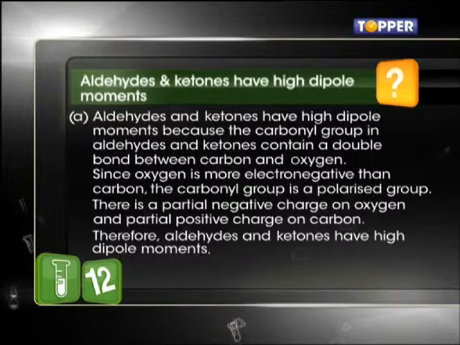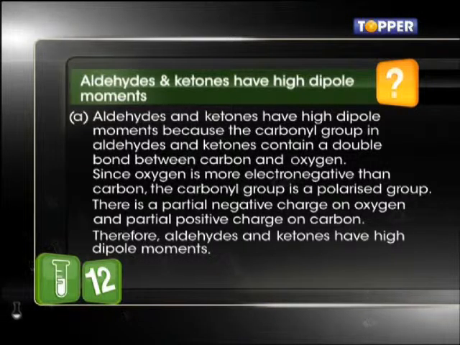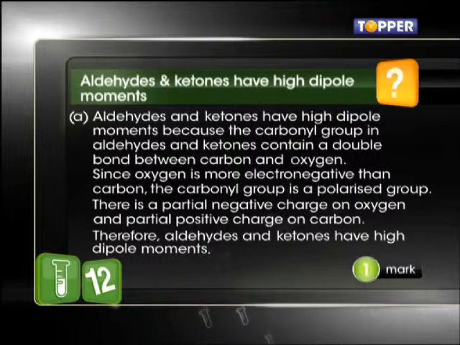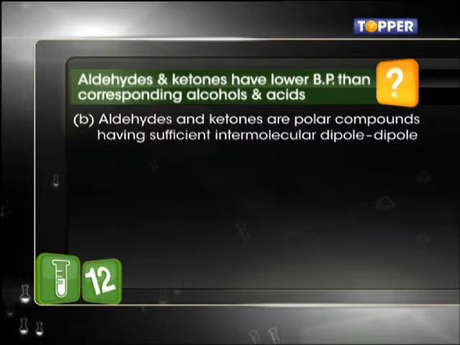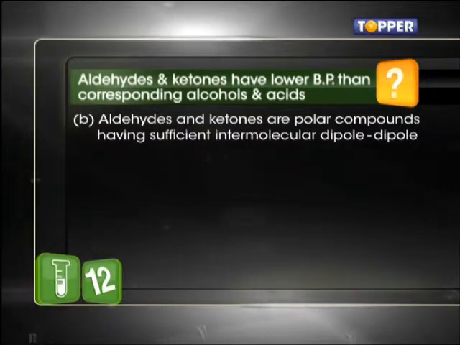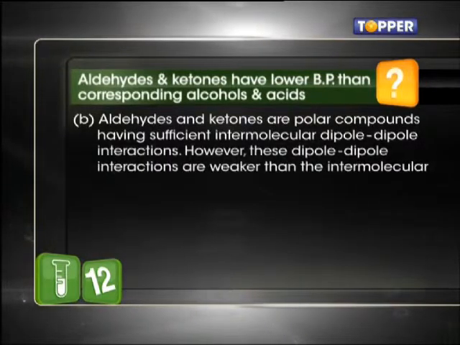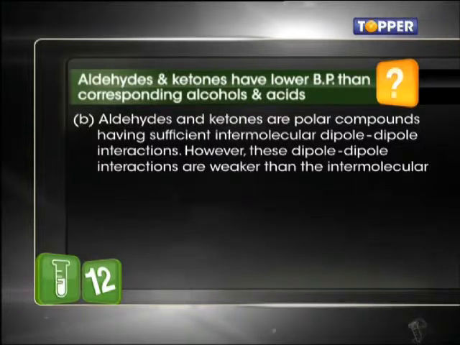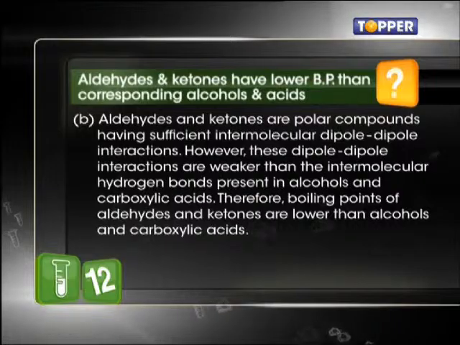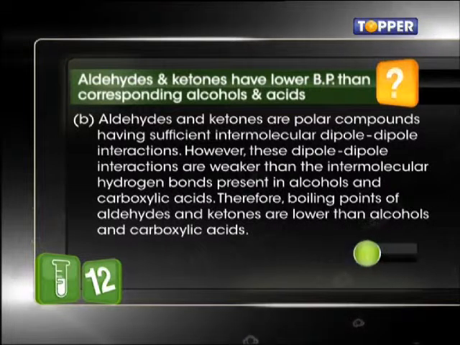Therefore, aldehydes and ketones have high dipole moments. For the second part, write that the interactions existing in aldehydes and ketones are intermolecular dipole interactions, which are weaker than the intermolecular hydrogen bonds present in alcohols and carboxylic acids.